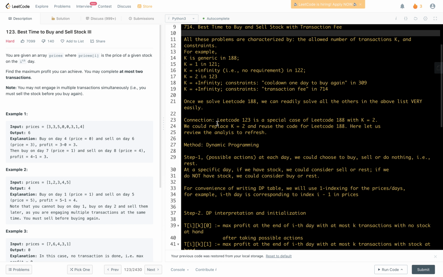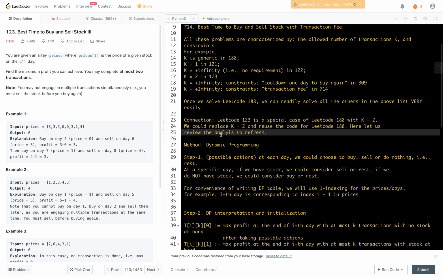Here, Leetcode 123 is a special case of Leetcode 188 with k being 2. In other words, the maximum allowed transactions is 2, as specified here. So actually we could replace k equals 2 in the code for Leetcode 188.